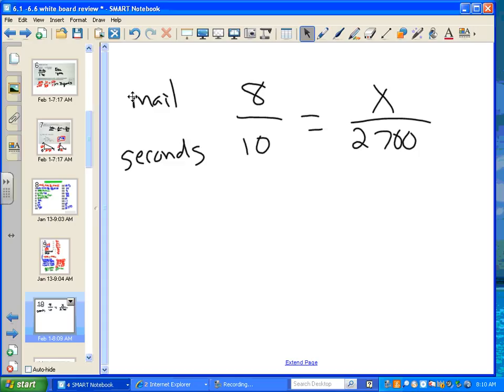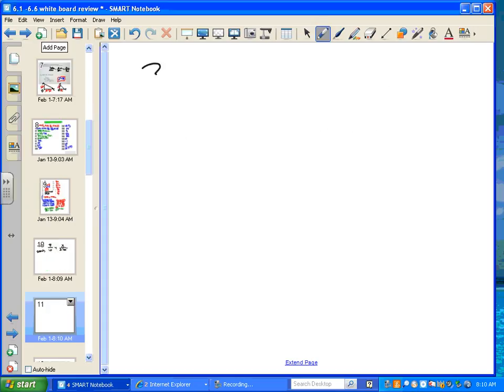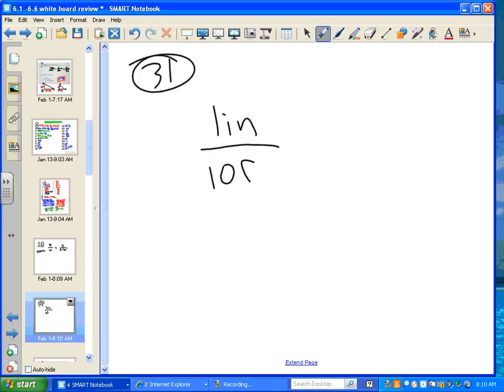Okay, 31 is similar to that. 31 tells us we have a scale drawing that has a scale of 1 inch over 10 feet. So this is our scale. This is the actual. So I would put your label scale over actual.